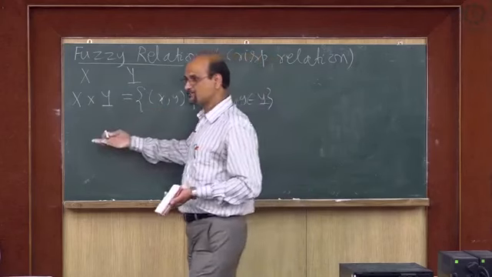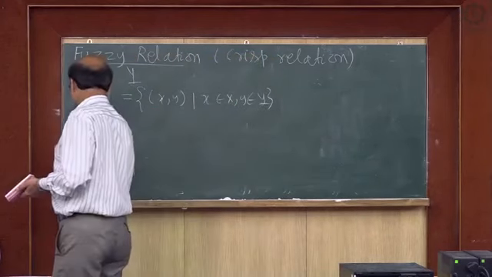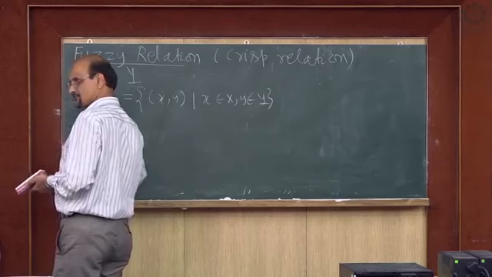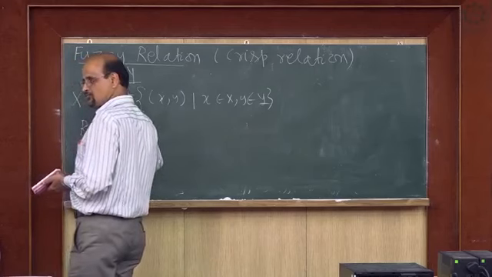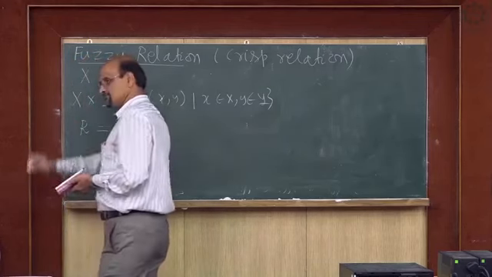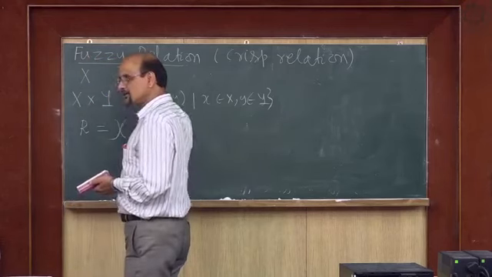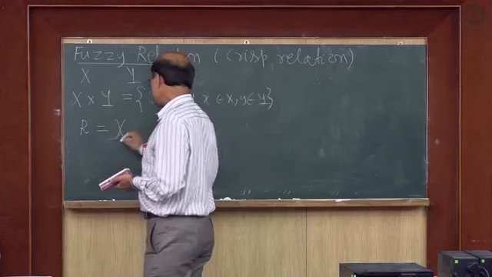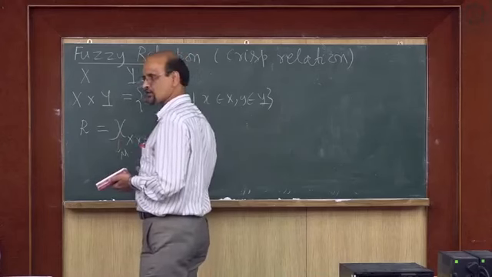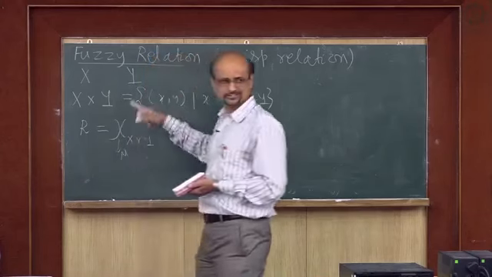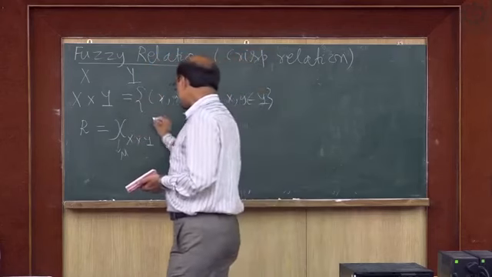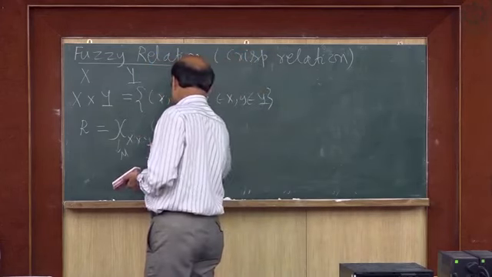But how do we actually define the relation? We define it in terms of chi, chi of X cross Y, or in fuzzy terms I can write it in terms of mu also, mu of X cross Y. So, let us write chi for crisp, okay? Chi of X cross Y at (x, y).